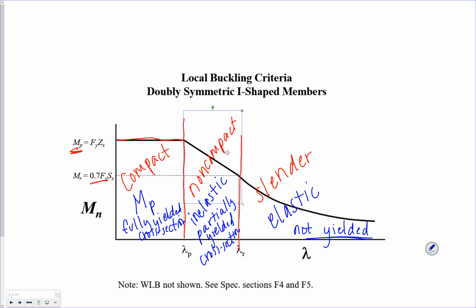Non-compact: there's some yielding going on, but you haven't reached full yield of the entire cross section, so you're not at a plastic moment. Slender, elastic means nothing has yielded. Okay? Next slide.